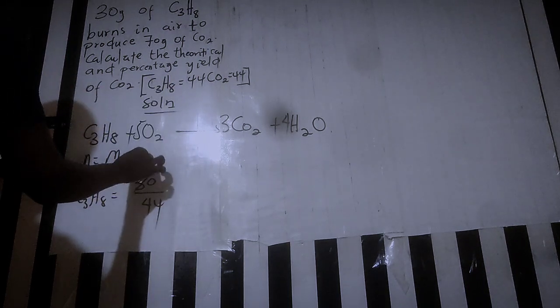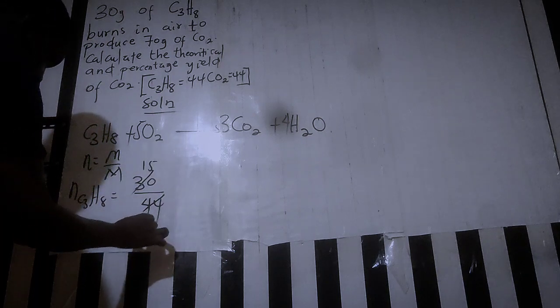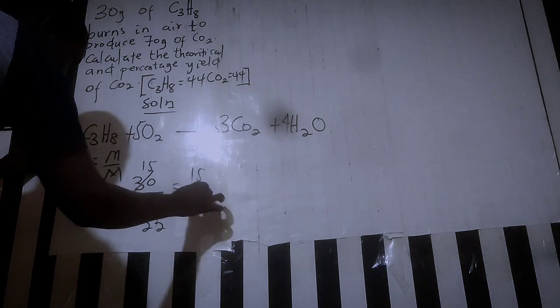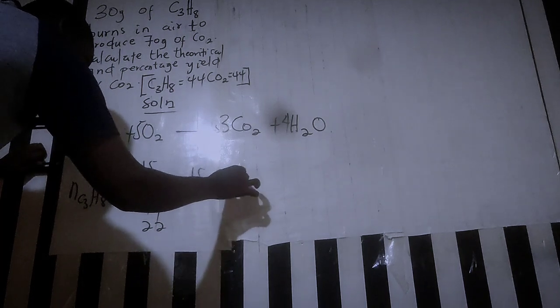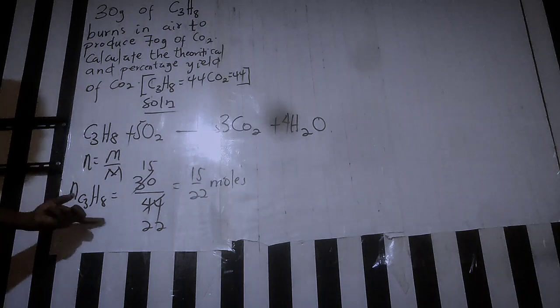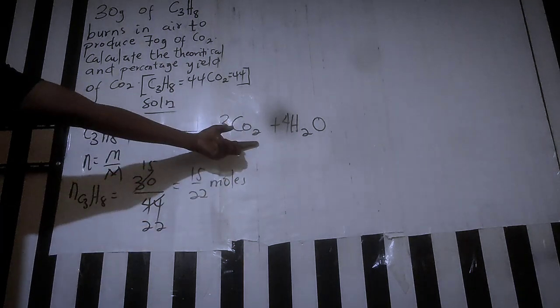So dividing this, you'll be having 15 out of 22 moles. So this becomes the number of moles of C3H8 that reacted.